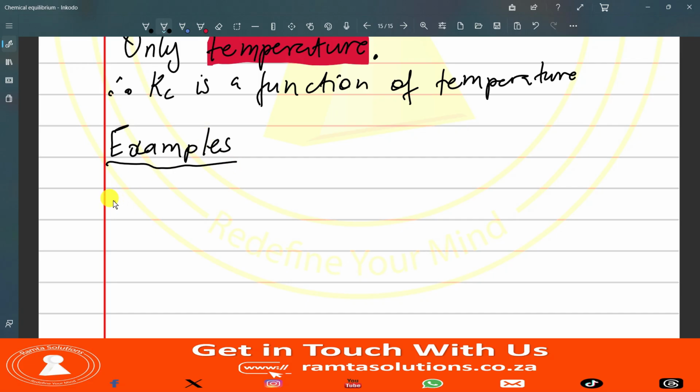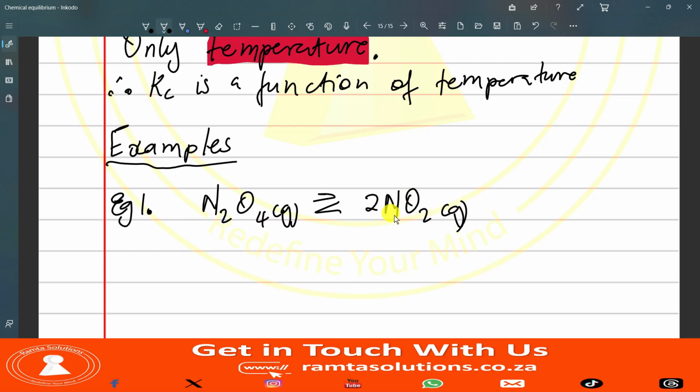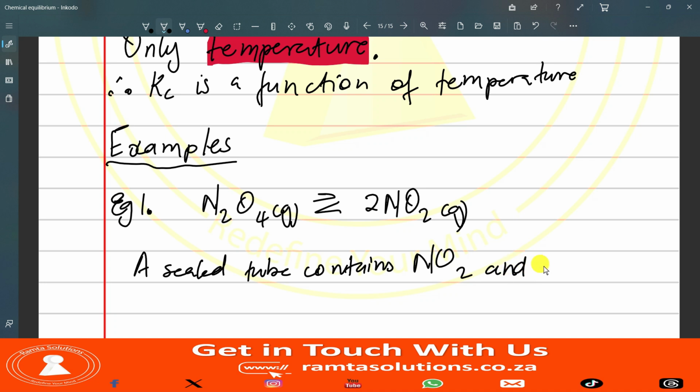So example one, we are given N2O4 gaseous at equilibrium, giving us NO2 gaseous. The equation is balanced. Now this says a sealed tube contains NO2 and N2O4.